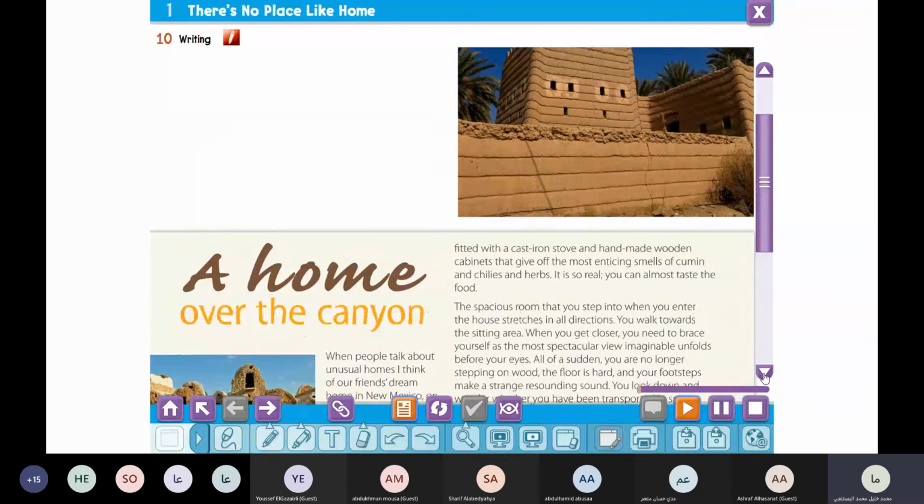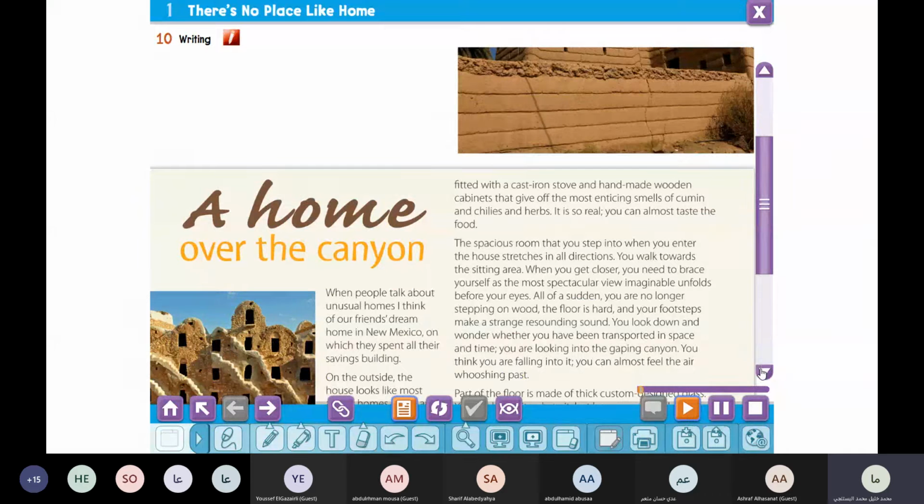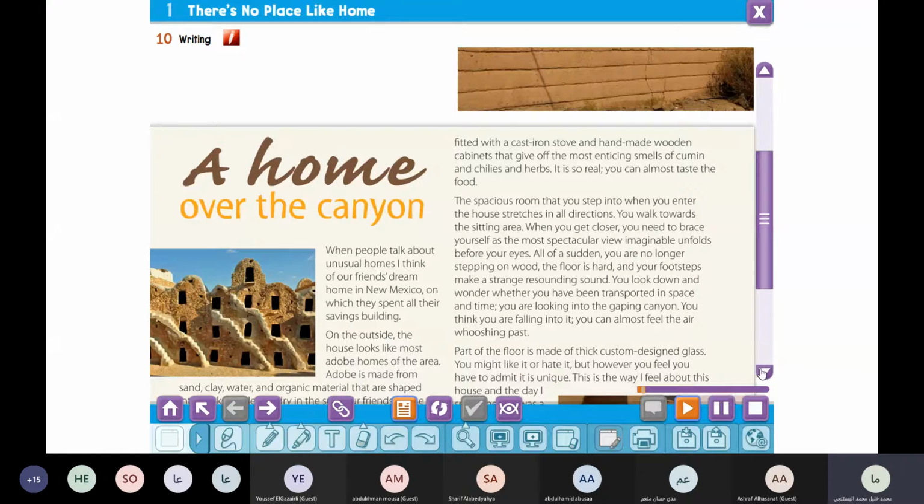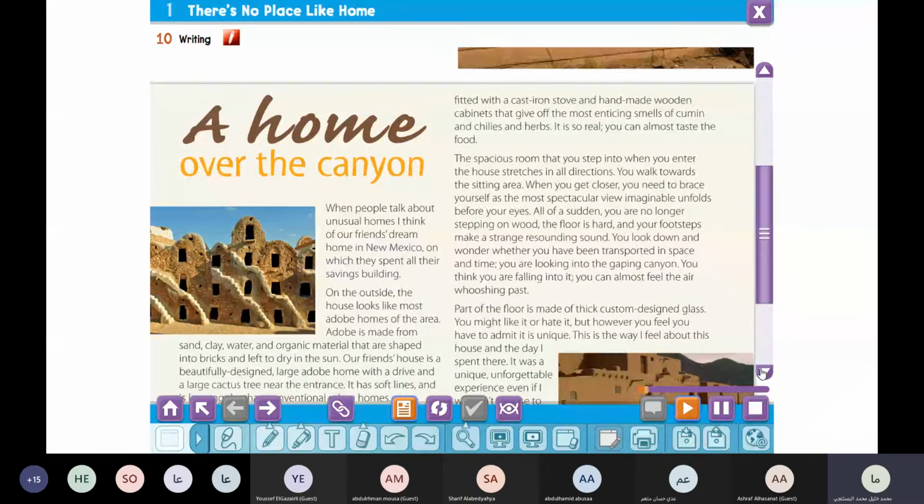A home over the canyon. When people talk about unusual homes, I think of our friend's dream home in New Mexico, on which they spent all their savings building. On the outside, the house looks like most adobe homes of the area. Adobe is made from sand, clay, water, and organic material that are shaped into bricks and left to dry in the sun. Our friend's house is a beautifully designed, large adobe home with a drive and a large cactus tree near the entrance.